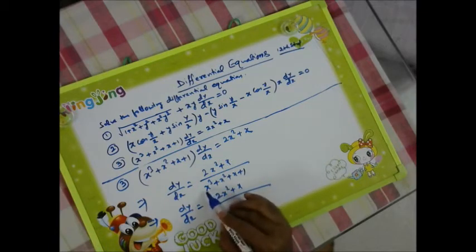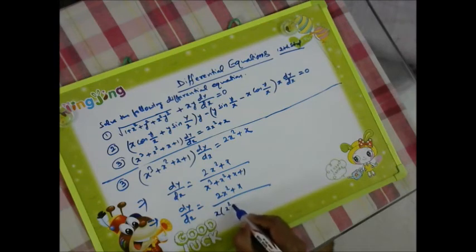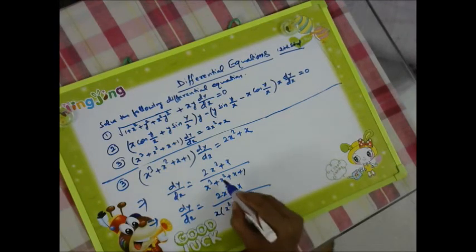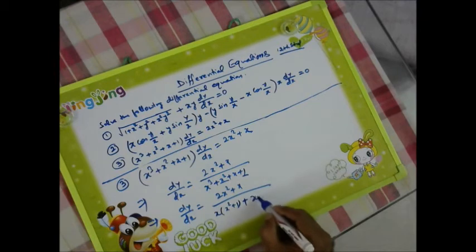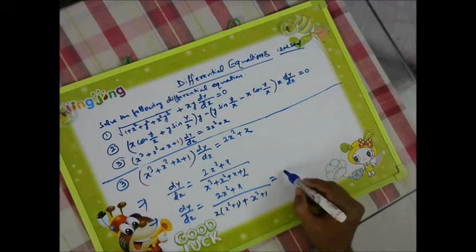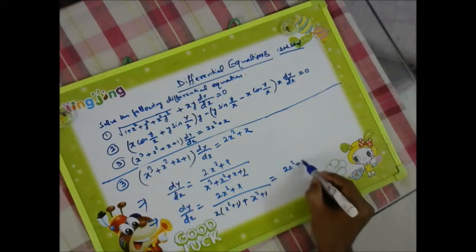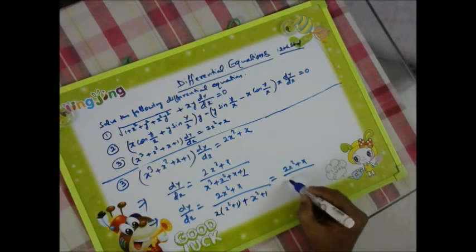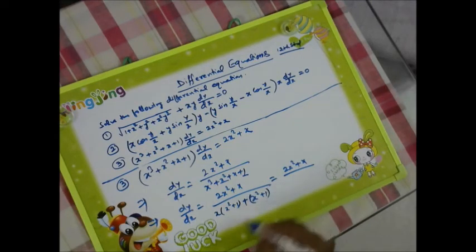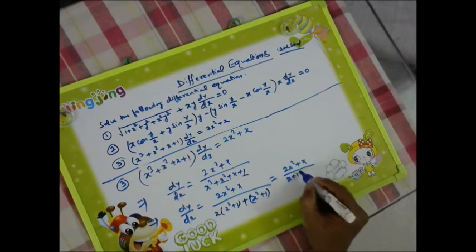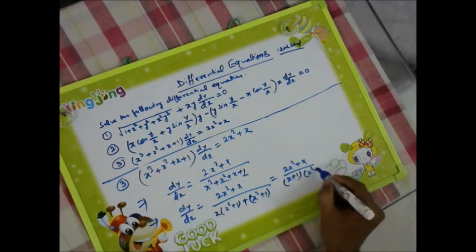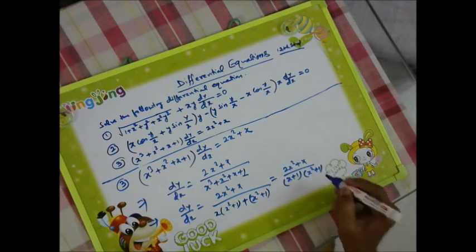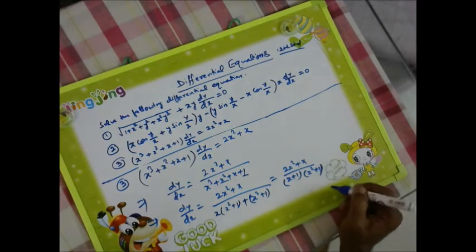If we take x common from x cube and x, we get x into x square plus 1, and plus again x square plus 1 separate. So this can also be written as 2x square plus x divided by x plus 1 into x square plus 1.